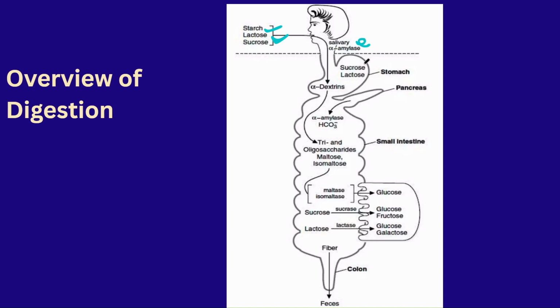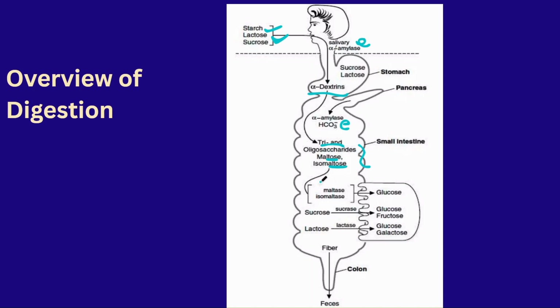This enzyme will break the starch into dextrins. These dextrins are again broken down into oligosaccharides, maltose and isomaltose. Here the pancreatic enzyme alpha amylase will break down the dextrins into all these compounds.